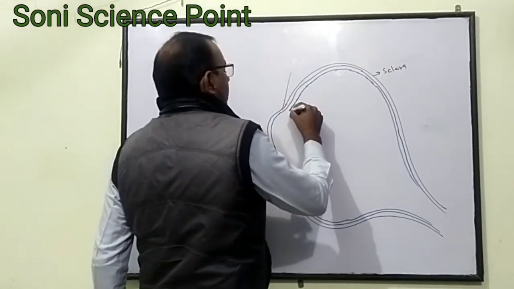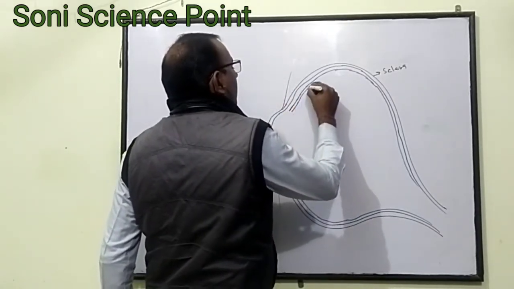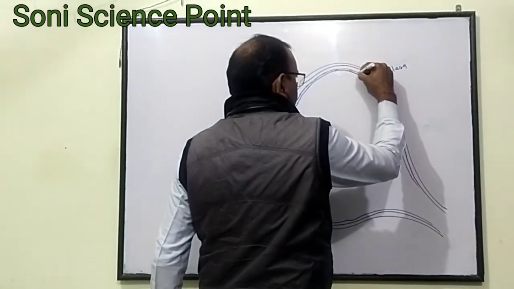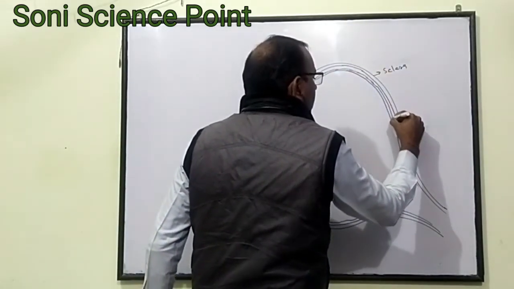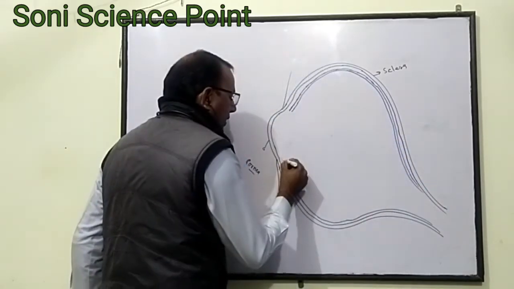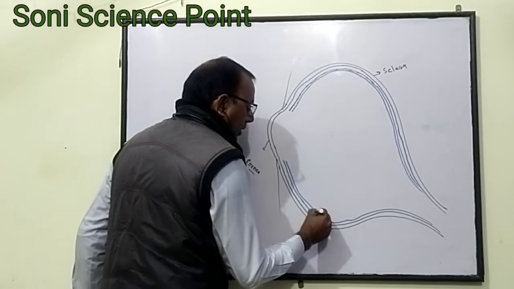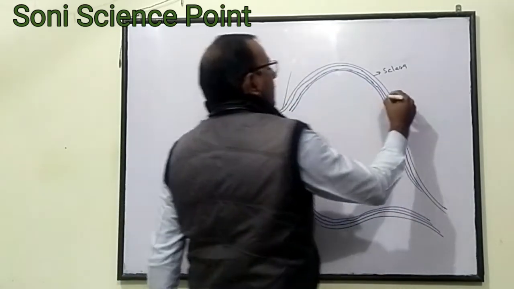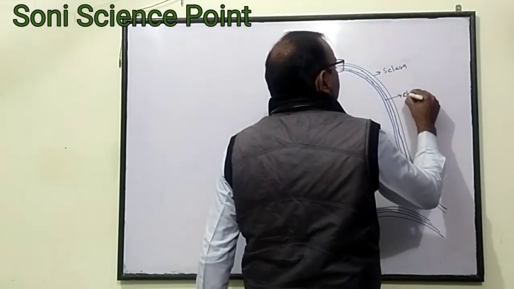This blue layer is called the choroid. The function of this layer is to supply blood to the human eye. This is the second layer, called the choroid.